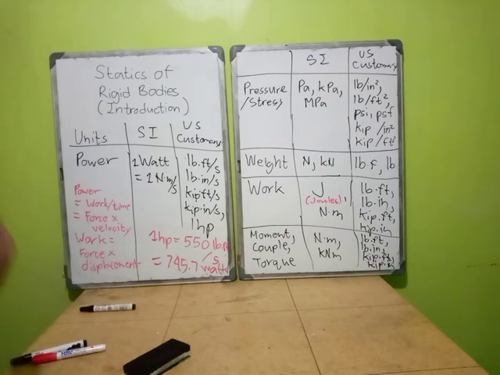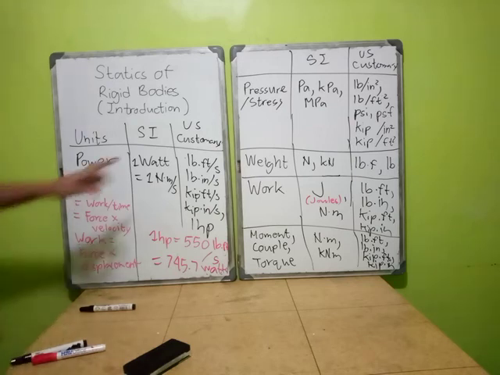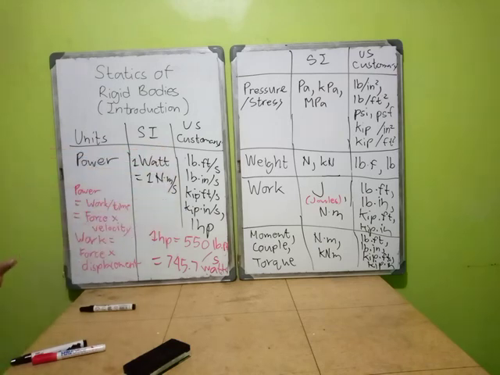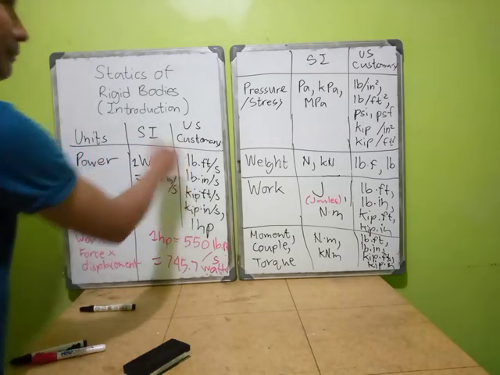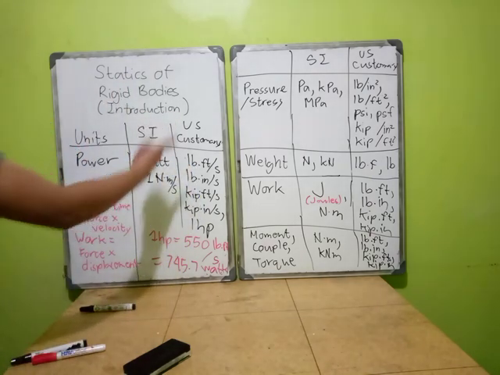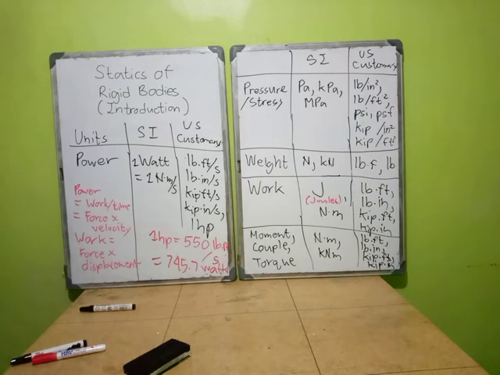Okay, so if you are aware of certain conversions, okay, so please study this. Okay, please memorize this if possible. Okay, familiarize. Okay, so paano mo i-convert yung 1 watt into libra foot per second? Okay, so you convert it into Newton meter per second. And please beware that this libra or pound is equivalent to, okay?